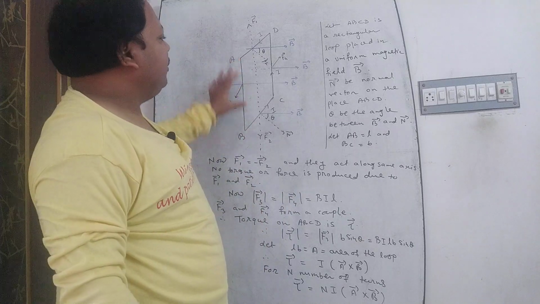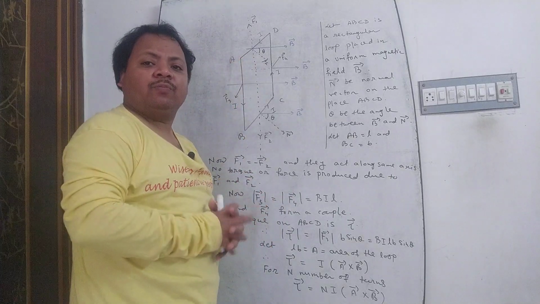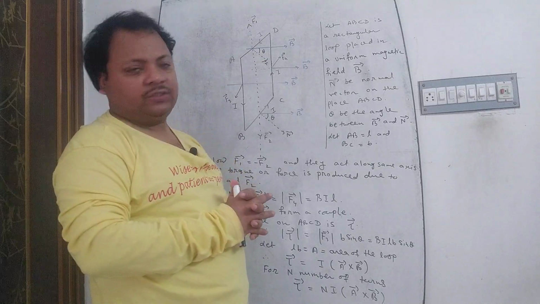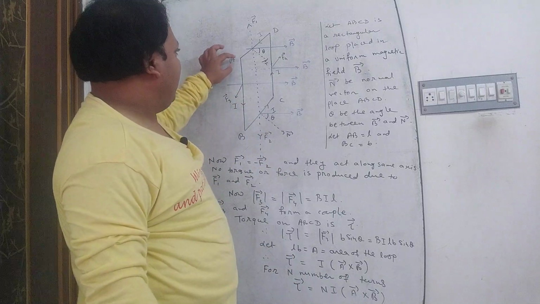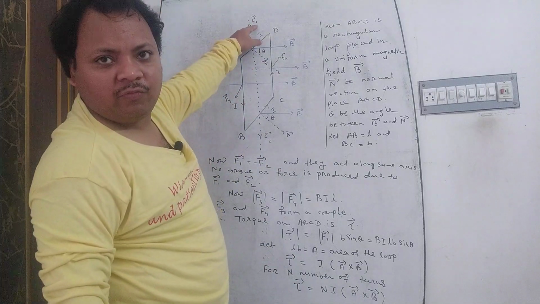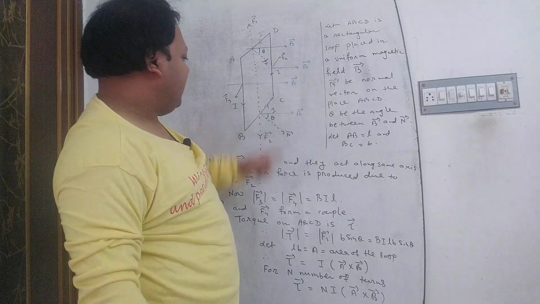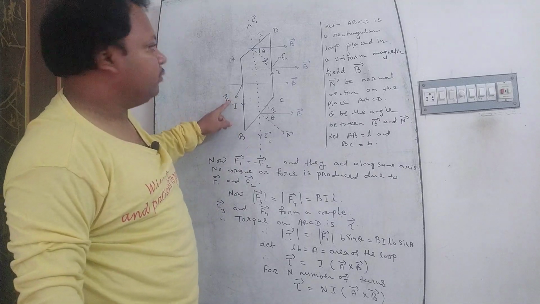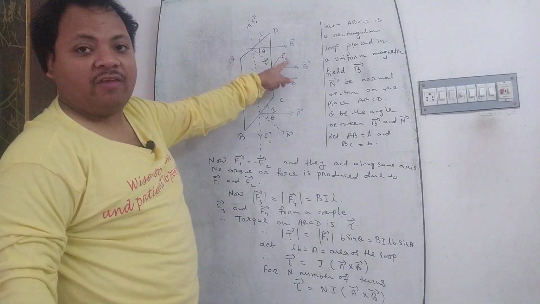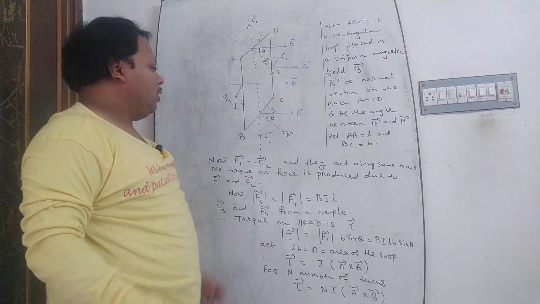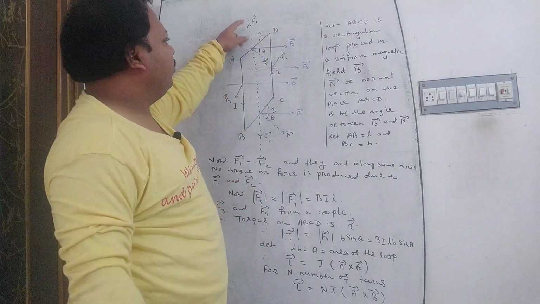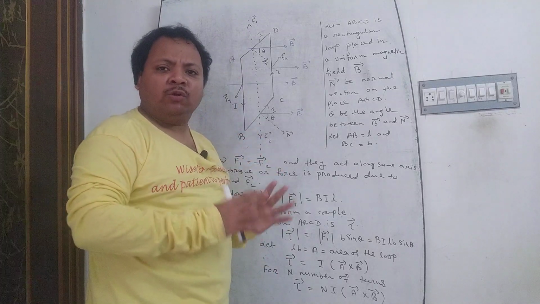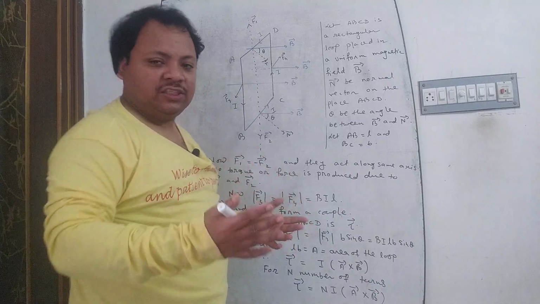Now, these four arms experience four forces. AD experiences force F1, BC experiences force F2, AB experiences force F3 and CD experiences force F4. The forces F1 and F2 are equal in magnitude but opposite in direction.